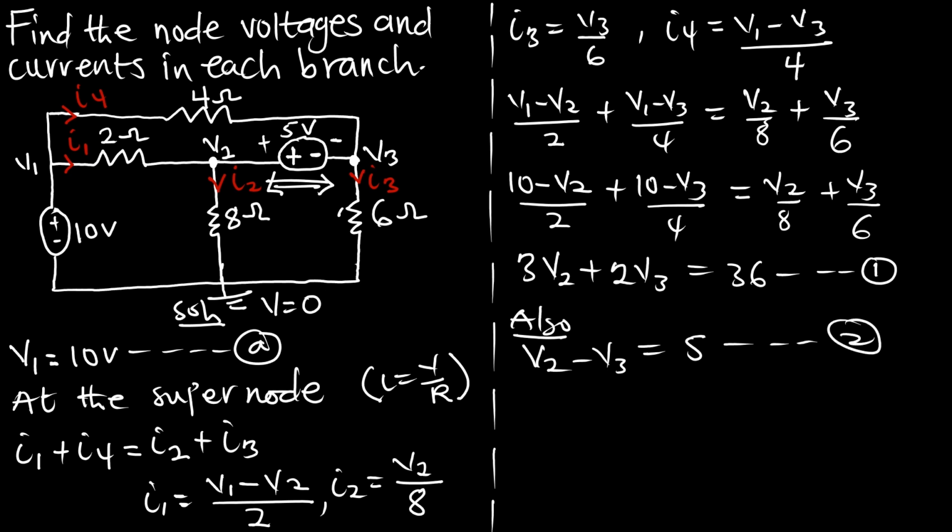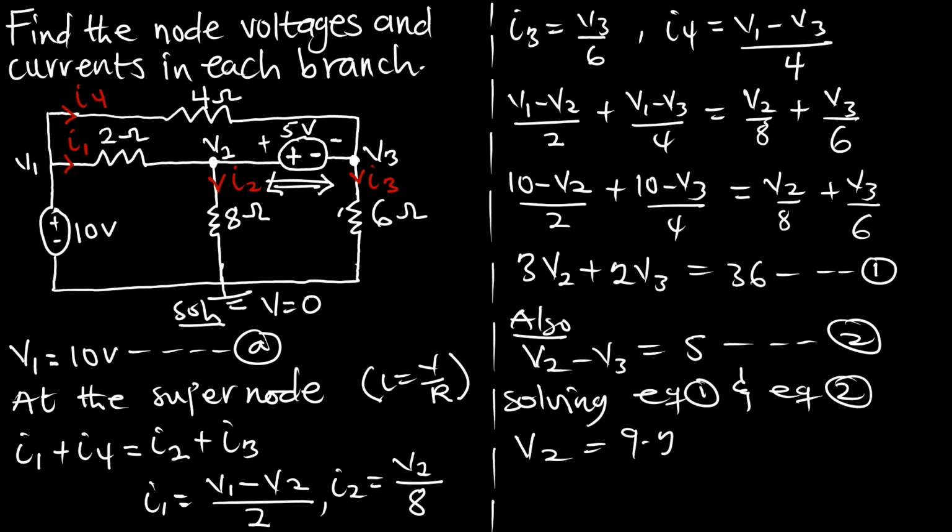So now you can see that equation 1 is in terms of voltages V2 and V3, and equation 2 is also in V2 and V3, and we solve them simultaneously. Solving equation 1 and equation 2, we are going to get V2 equal to 9.2 volts.